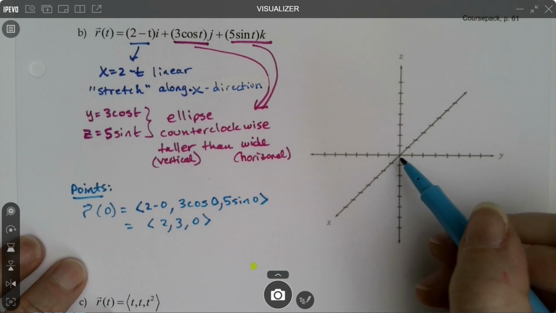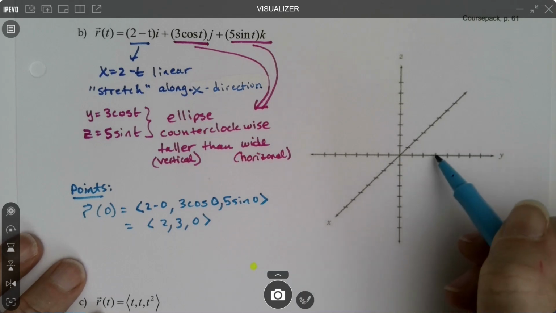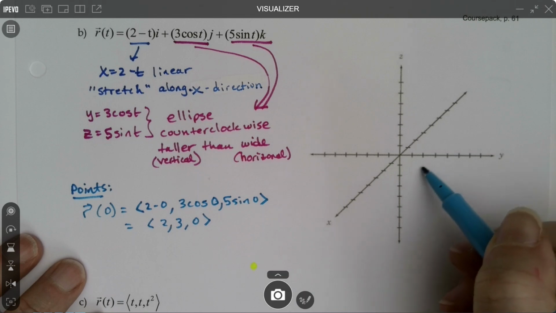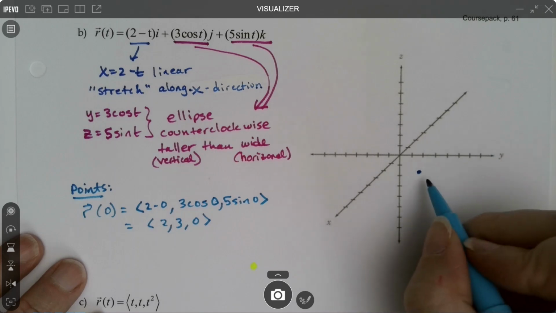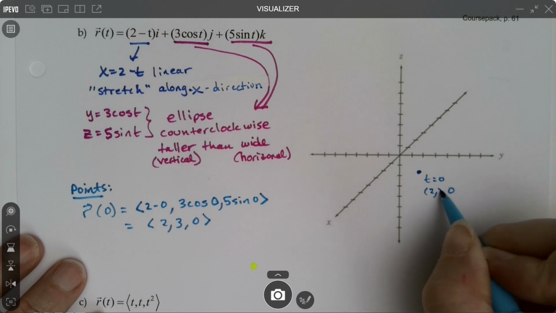Well, I know where that is. If I go out 1, 2, and over 1, 2, 3, or if I take 3 in here and I put it on a diagonal, it's right there. So that's my point at t equals 0. That's 2, 3, 0.